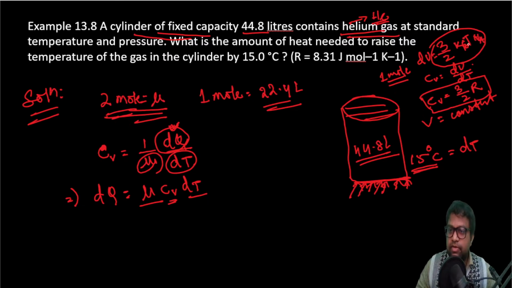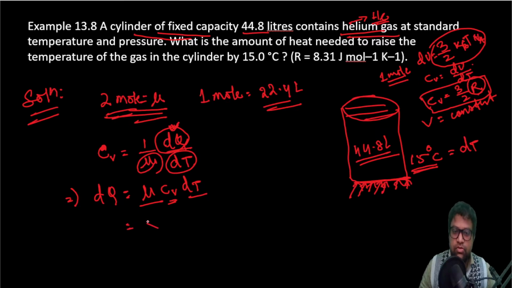So kB into Avogadro's number, Boltzmann constant into Avogadro's number, it's the gas constant R, right? This is the relationship, so you should know this. I hope you know. If you do not know, I will discuss again this concept. So all these things now we have, just we will multiply it.